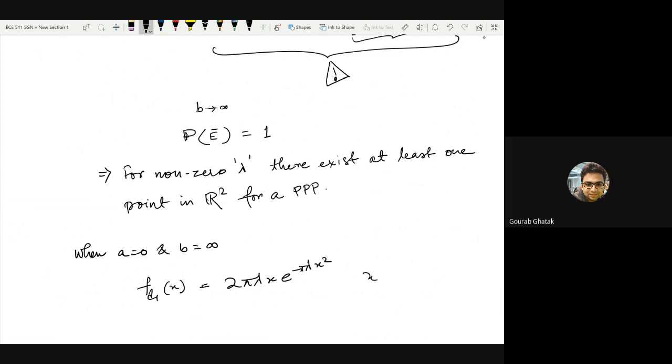So this is true for x greater than or equal to 0. Any questions up until this point? Concerns?